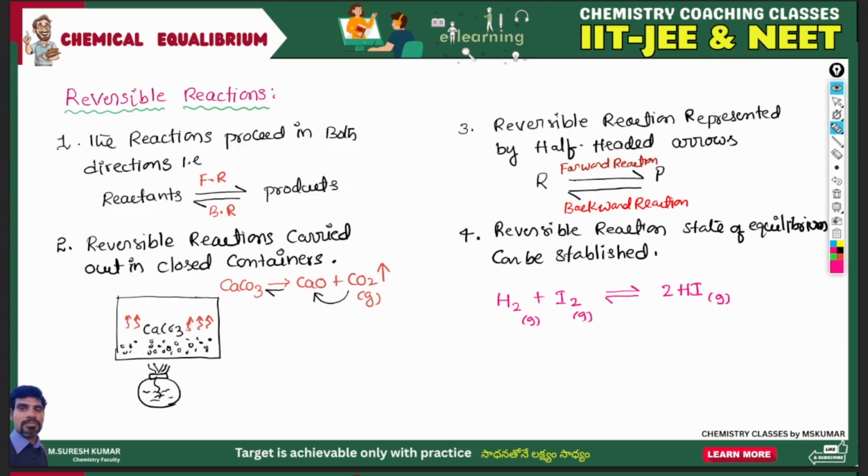Similarly, one more example. N2 nitrogen reacts with 3H2 to give 2NH3. It is nothing but the preparation of ammonia by Haber's process. It is also an example of a reversible reaction.